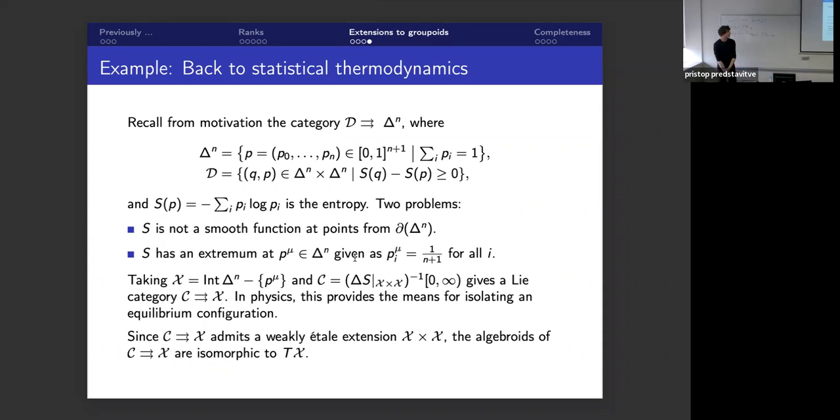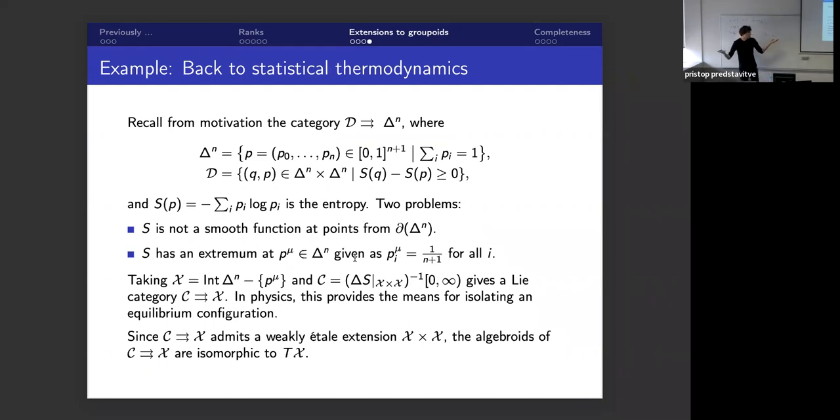Because this is obviously extendable to a Lie groupoid, the pair groupoid over the manifold X, the algebroids are going to be isomorphic to the tangent bundle of X. Here I am using the maybe implicit knowledge that the algebroid of the pair groupoid is isomorphic to TX, the tangent bundle of the object space.